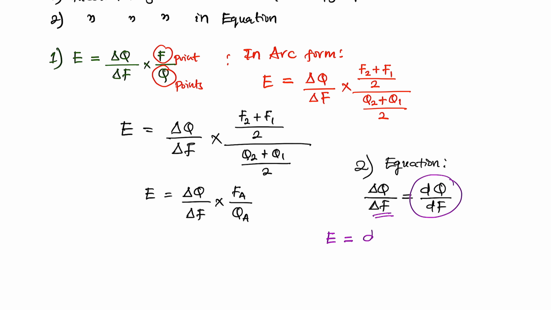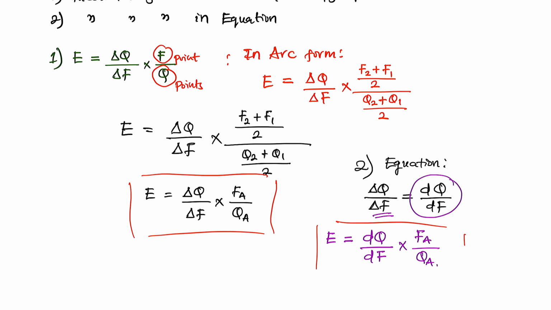So we have the Q, the F, the derivative of the quantity demand function with respect to that particular factor multiplied by the factor average divided by the quantity average. And that's it. This is how we approach it when we are calculating elasticity of demand.